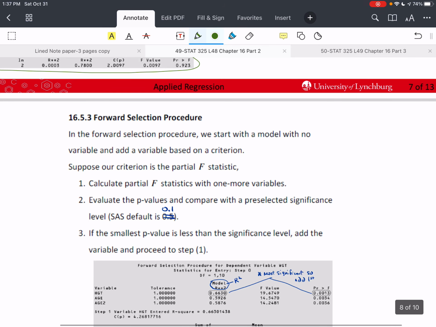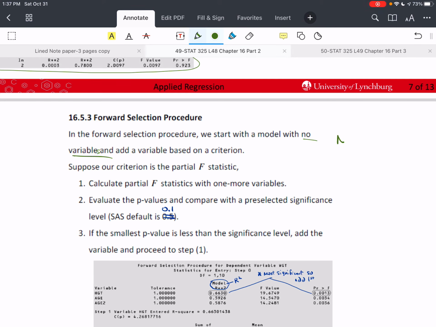Okay, now let's talk about the forward selection. So the backward selection is we start with all the variables in the model, and one at a time we eliminate the worst variable that exceeds our maximum p-value, which is the common way to do that. Okay, so now in the forward selection, we start with no variables.